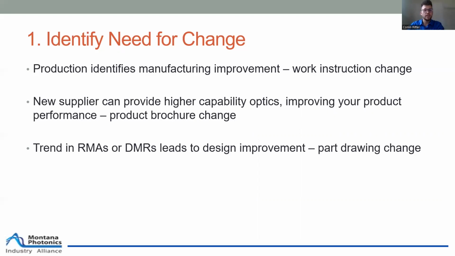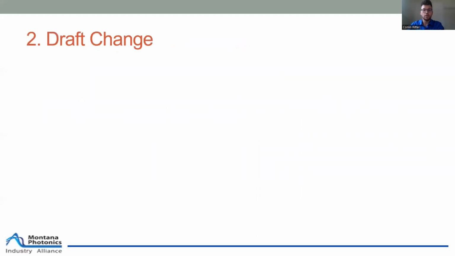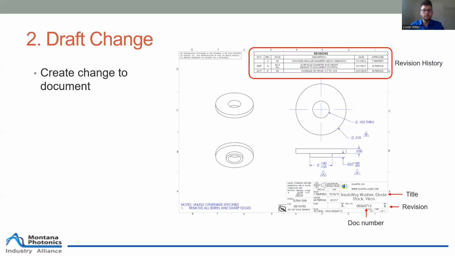Now that you've identified the need for a change, you need to go ahead and draft that change. Take your document and update it. You can see here that we've identified a revision history to the document, so it's easy to identify. Here's the rev that was made, and you flag that same change in the document.